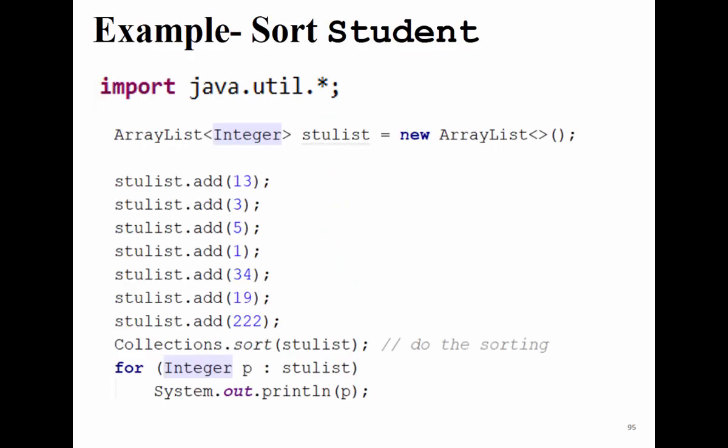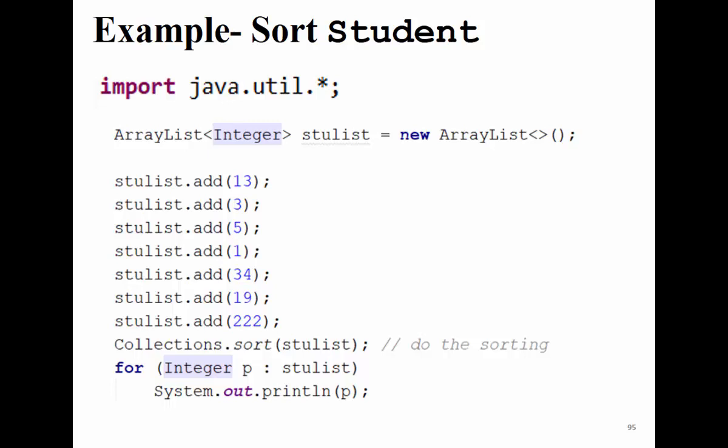Why can we do this? Because integers implement the Comparable interface. If I define a list of Person class and I didn't implement the Comparable interface, and I ask Collections.sort, I cannot predict the output.